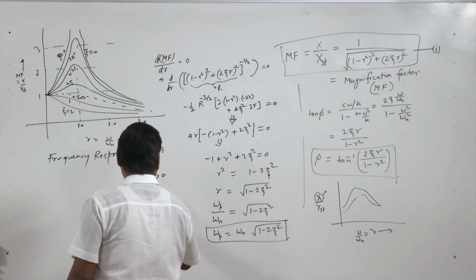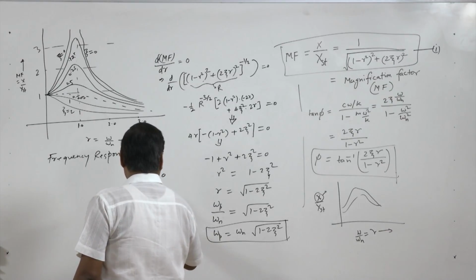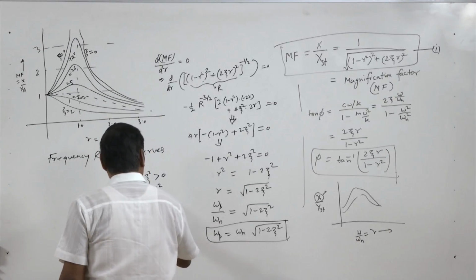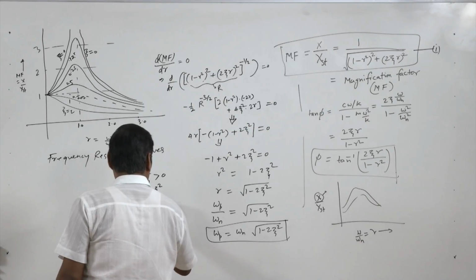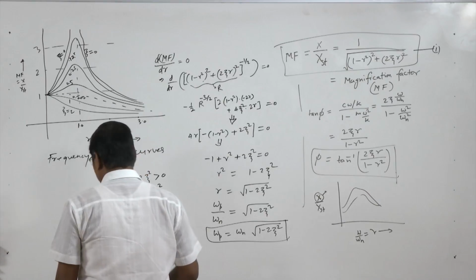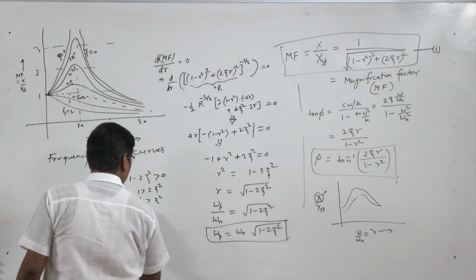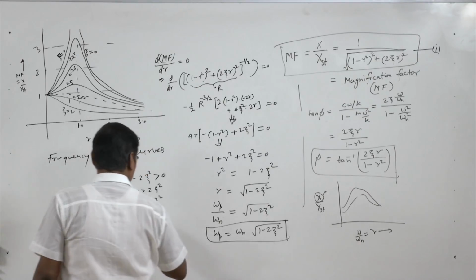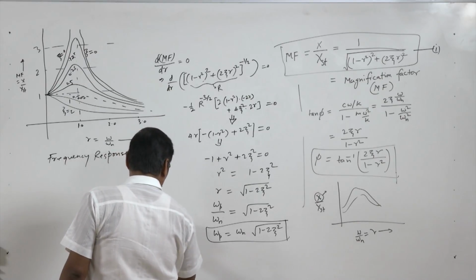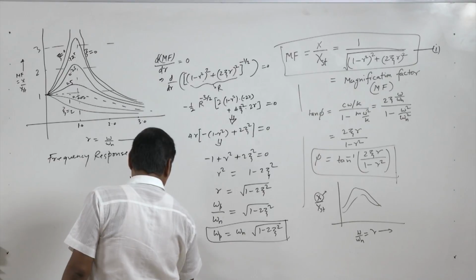So we take the case of positive quantity. Here zeta is less than 1 by root 2, or 0.707.